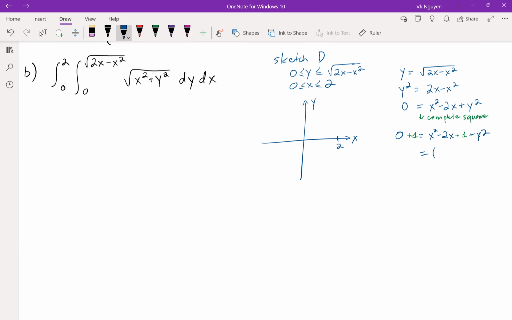So what do we have here? We have x minus 1 squared plus y squared equals 1. So it is a circle centered at (1, 0) with radius 1. Right?